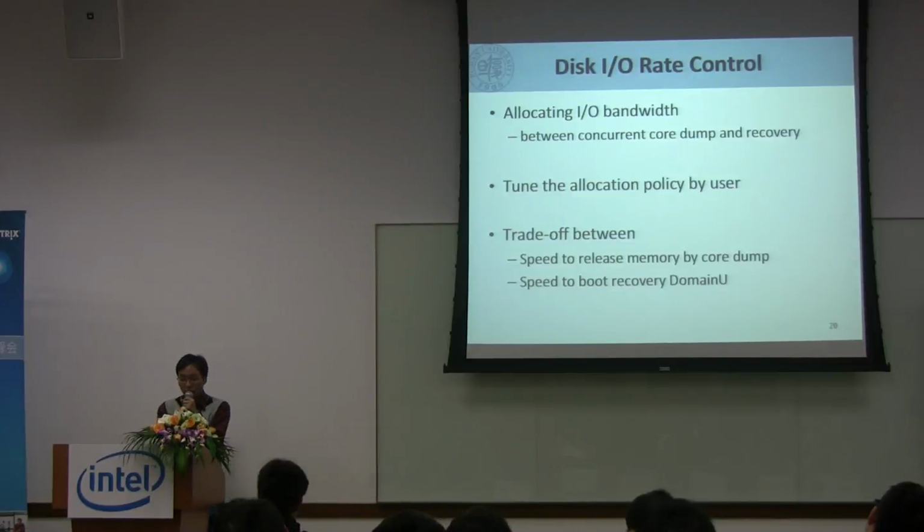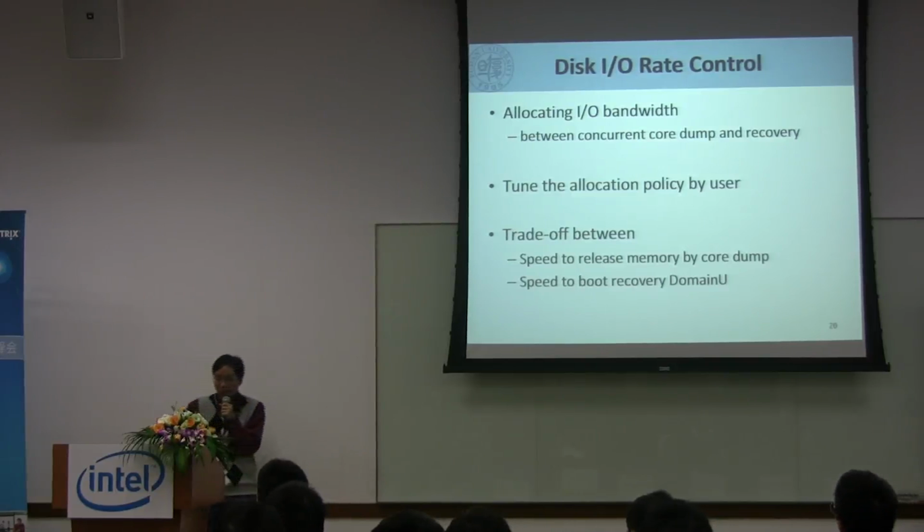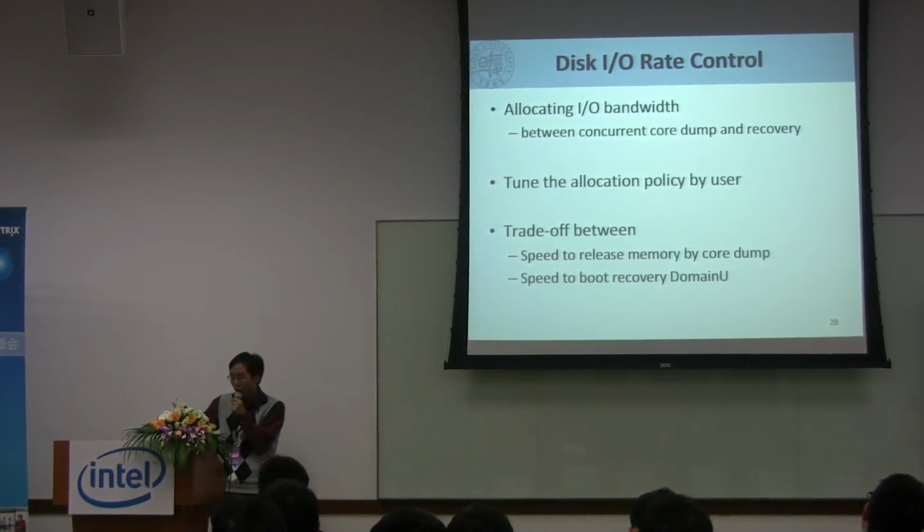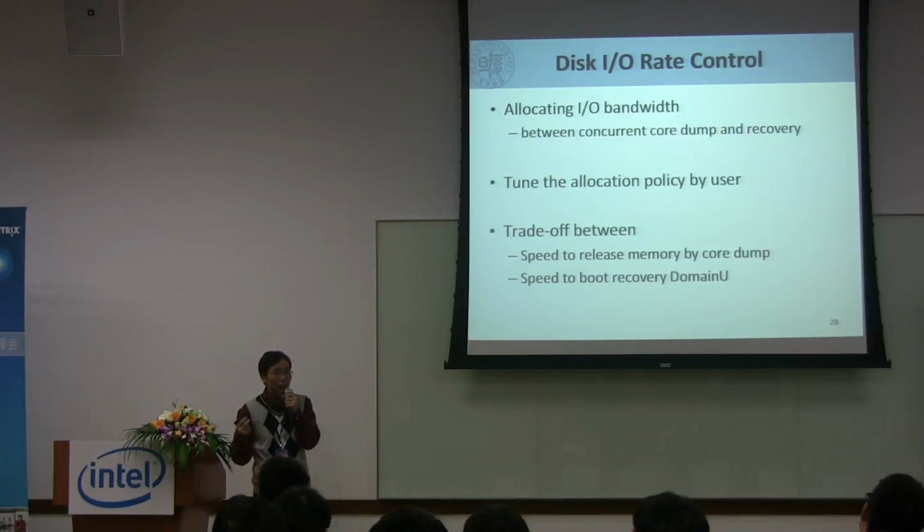We also implement disk I/O rate control by allocating I/O bandwidth between the concurrent crash dump and the recovery virtual machines. Currently, we didn't implement a very complex policy, but instead allow users to specify the policy.